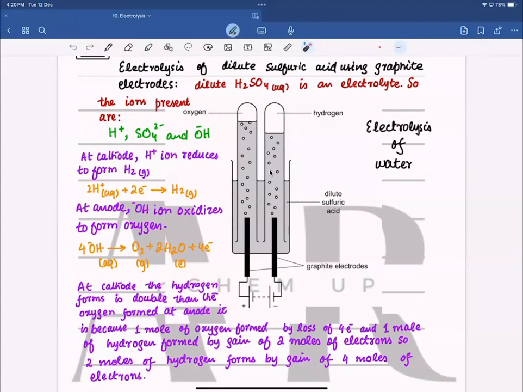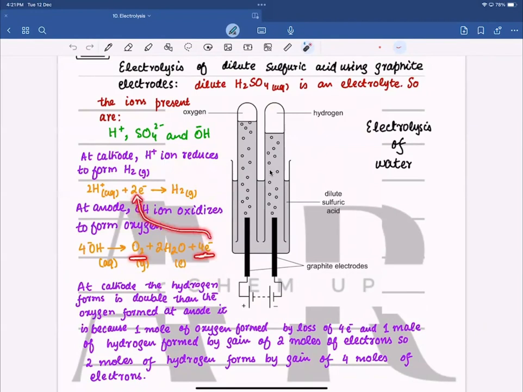So if you see, when 1 mole of hydrogen gas is formed, it is formed by the gain of 2 electrons. When 1 mole of oxygen is formed, how many electrons are released? 4 electrons. So think, when 1 mole of oxygen forms, it releases 4 electrons.